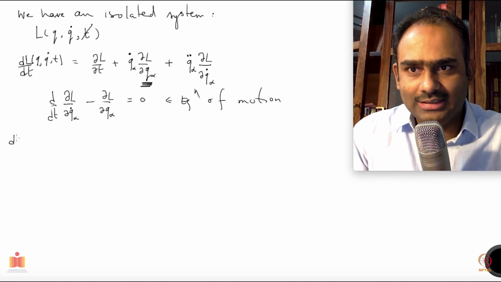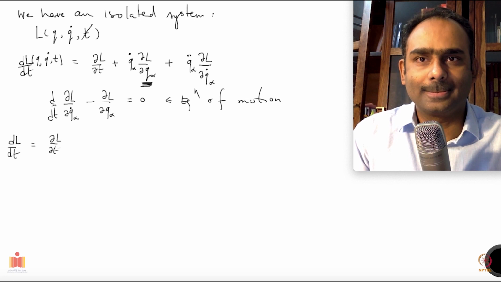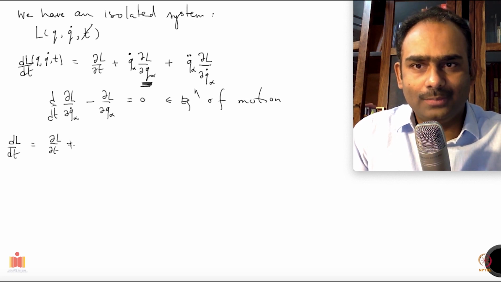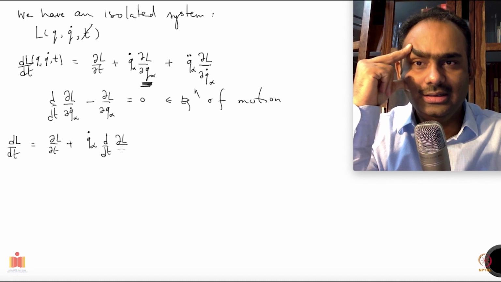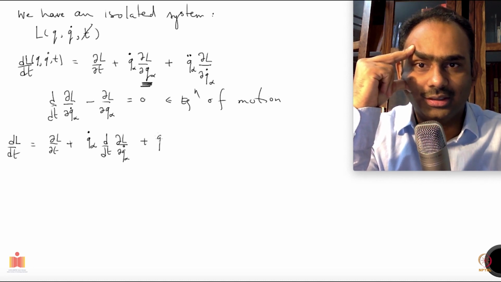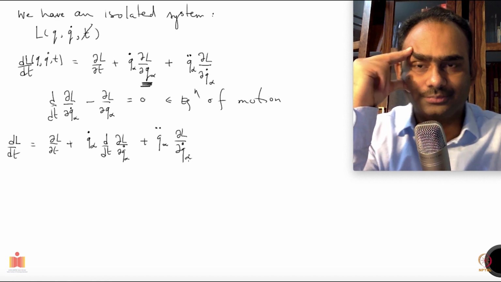So it says dL over dt equals del L over del t, plus q alpha dot d over dt of del L over del q alpha dot, plus q alpha double dot del L over del q alpha dot.